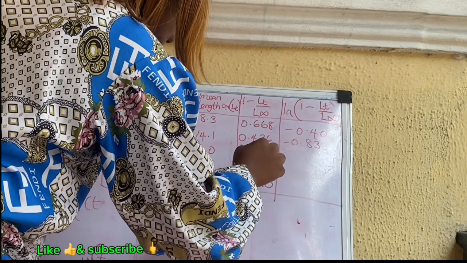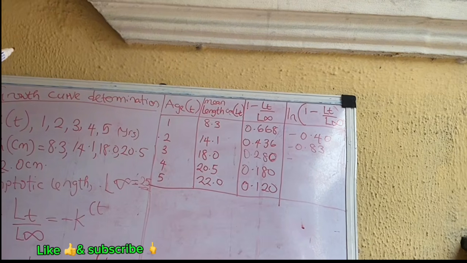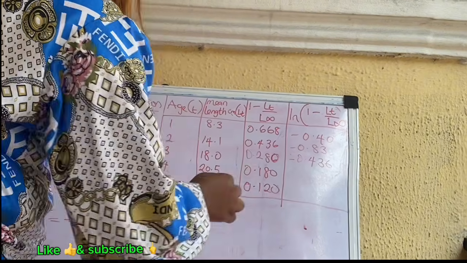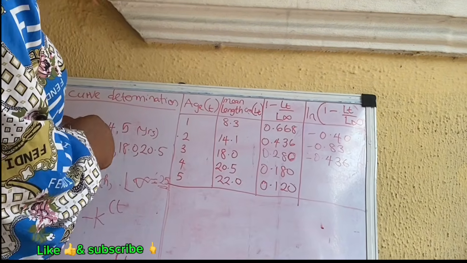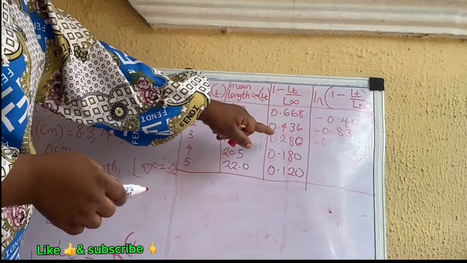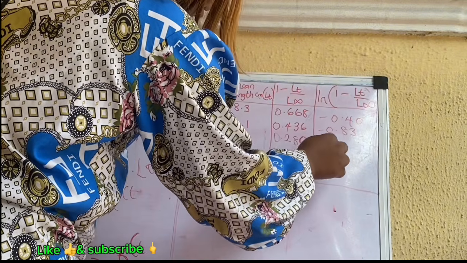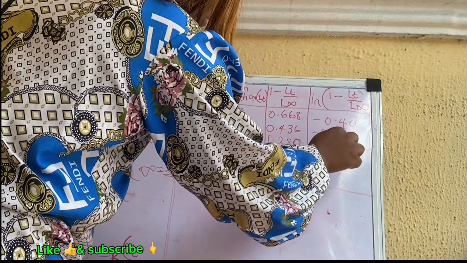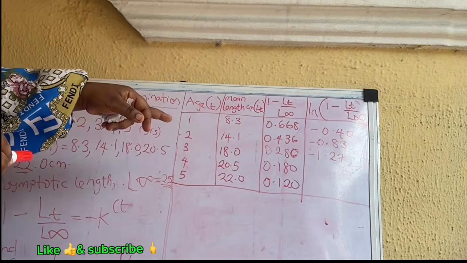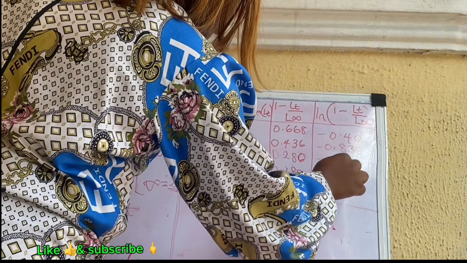The ln of 0.280 gives minus 1.27. The ln of 0.180 gives minus 1.71.